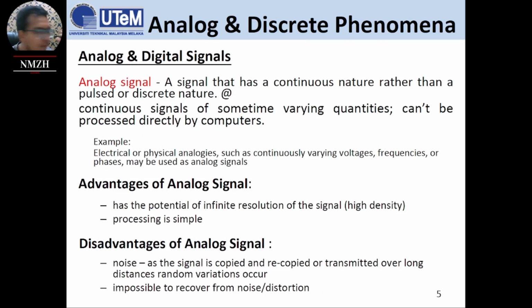So this random variation commonly occurs even though we are using the same point A to B with the same A to B facilities, and the distribution of the noise production really happens when we are talking about the analog signal.